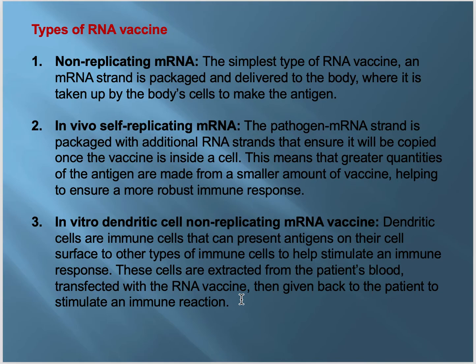Then they are ready to be used as a vaccine. Then you have to inject these dendritic cells back into the patient's body. Actually, this same strategy can also be used, and some scientific groups are trying this strategy to make vaccines against cancer.